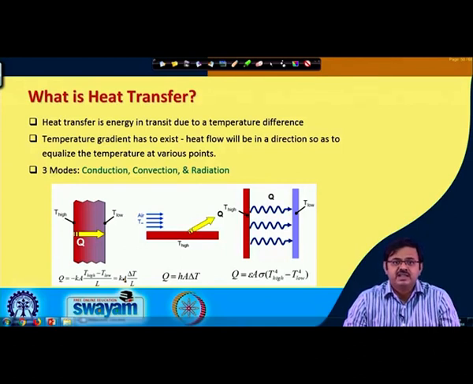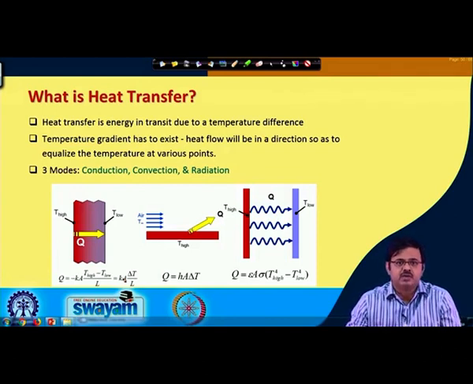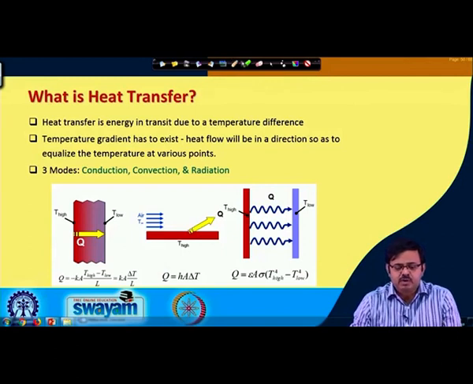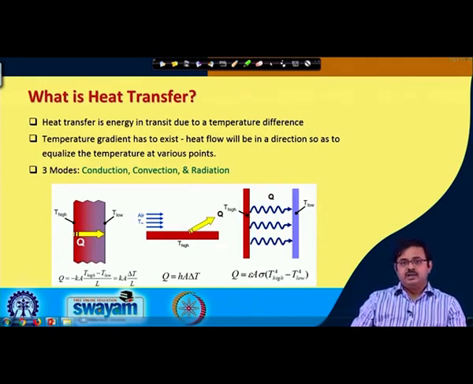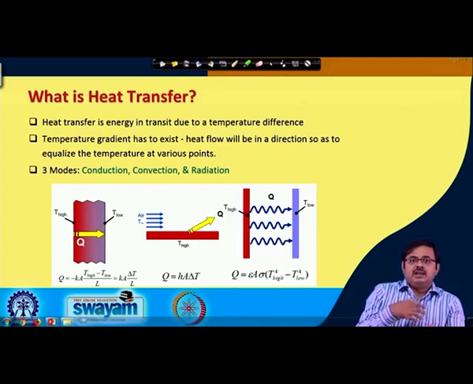Now, what is convection heat transfer, which is what is shown in the second cartoon over here? Convection is when, apart from just molecular vibrations, we also have what is called a bulk flow of a fluid. A solid cannot flow; a fluid can be a liquid or a gas.